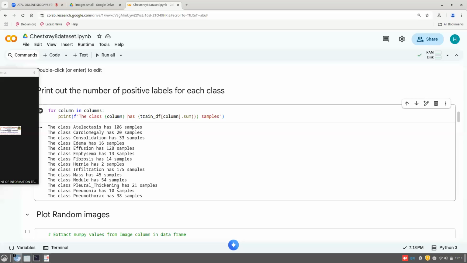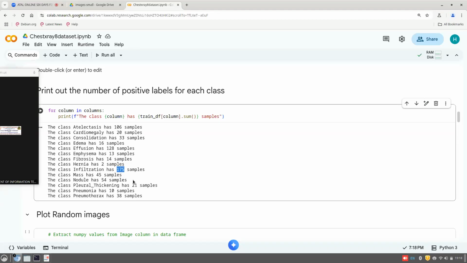So most of the time you will not get an equal number of disease images. This is a common problem for any medical image problem, because we don't have an equal number of patients for all the diseases. Some diseases like hernia have only two samples available, and some others have 106 samples, 175 samples, etc.